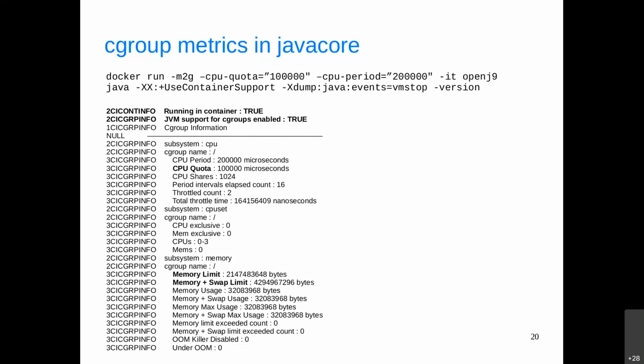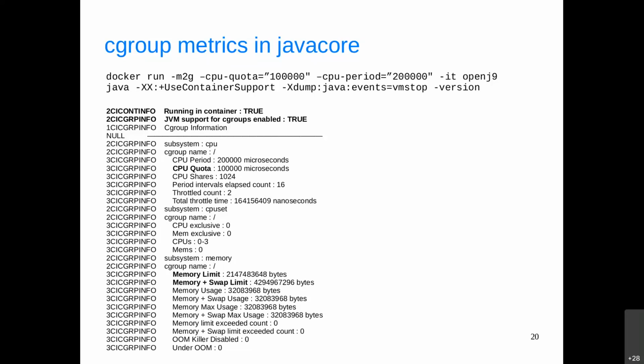And other than that, we also dump some of the metrics from the cgroup file system directly, like the quota and the period, the amount of time the process has been throttled by the kernel, then the set of CPUs that it can run on, and various memory limit and swap limit, and the current memory usage and swap usage of the process.